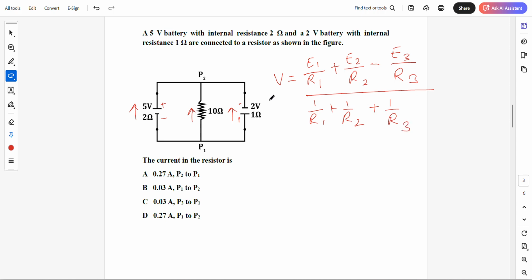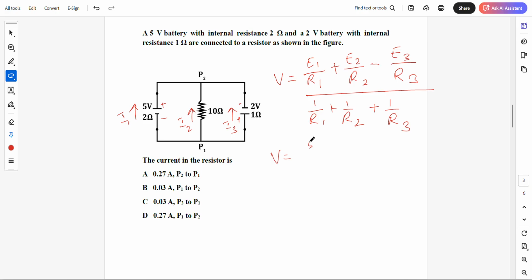Why have I written minus here? Because the polarity is getting changed, because the current is coming in the opposite direction. This is I1, this is I2, this is I3. Now V is equal to, how much is E1?